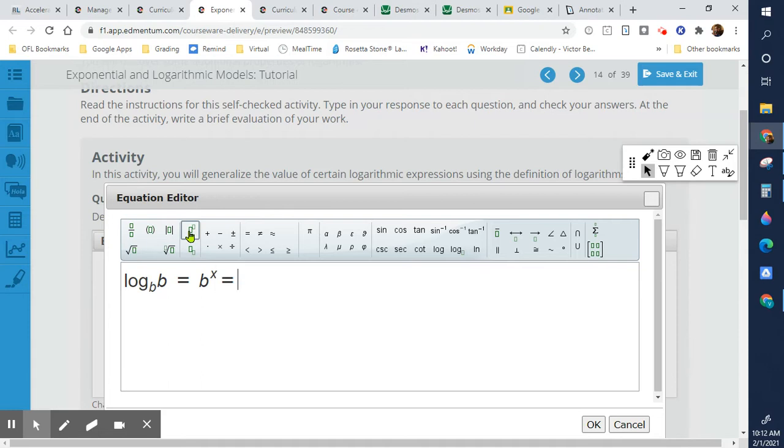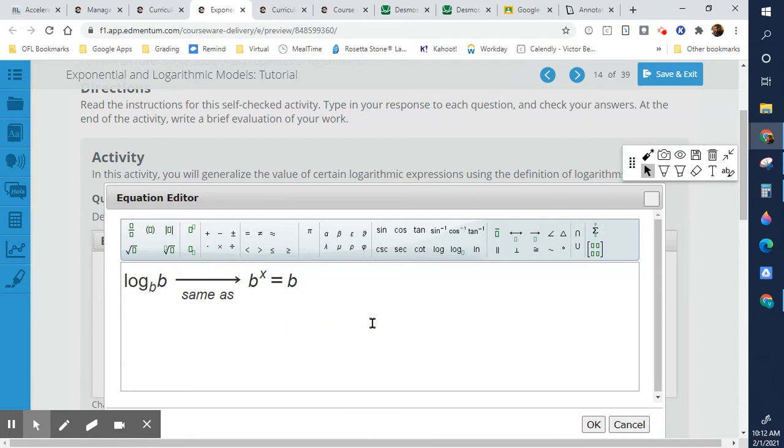Or I should say, I shouldn't say equal to. This is the same thing as, I'm going to put a little arrow here. Same as, so this is the same as this.